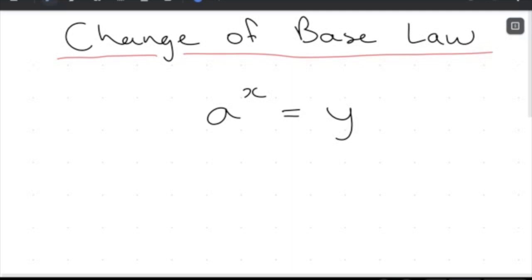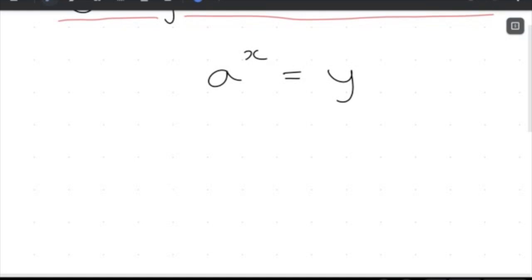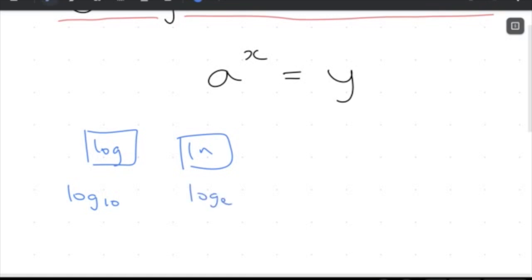What we're going to do now for this change of base law is take the log of both sides. Because our calculators have different buttons, most scientific calculators have a log button, and they have an ln button. The log means log to the base 10, and ln is log to the base e.